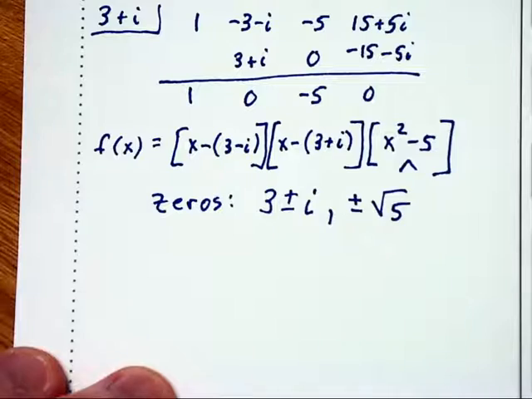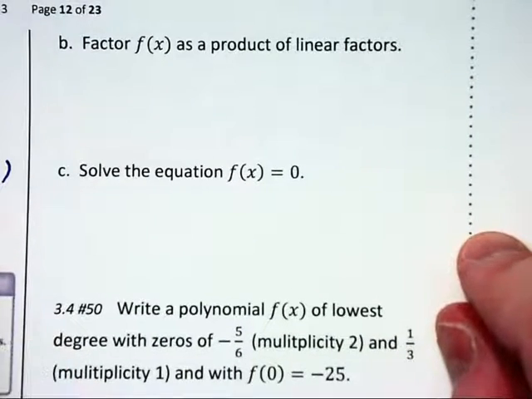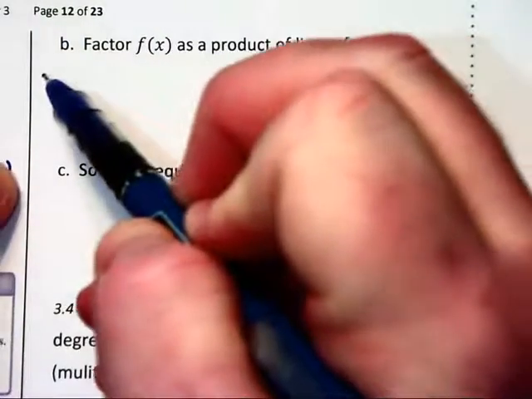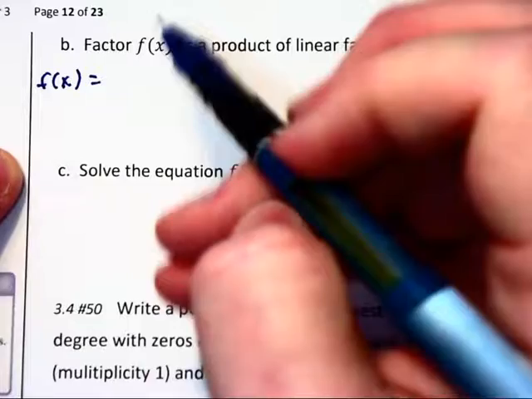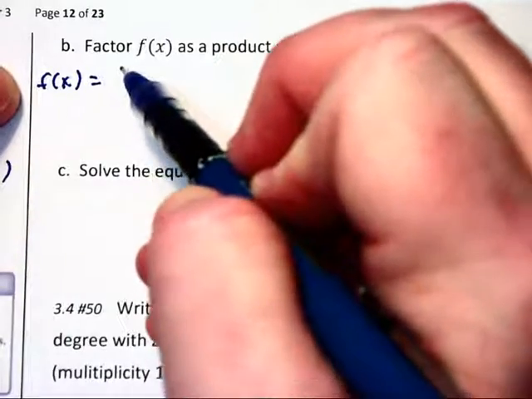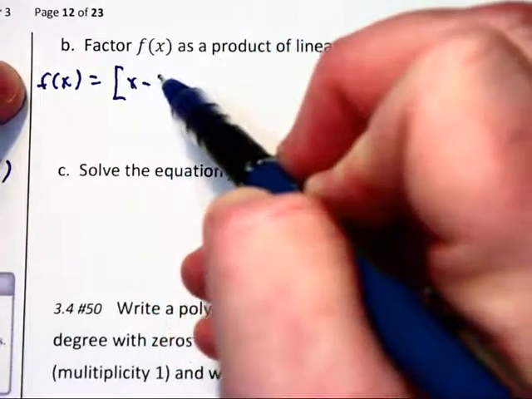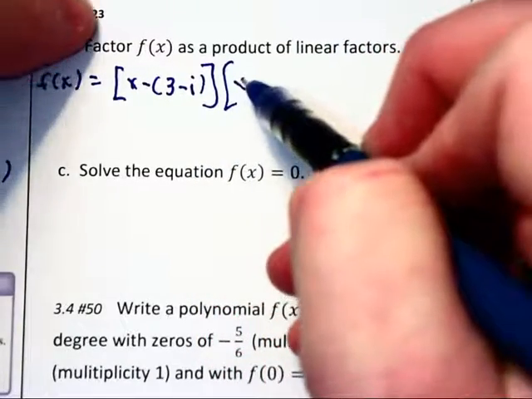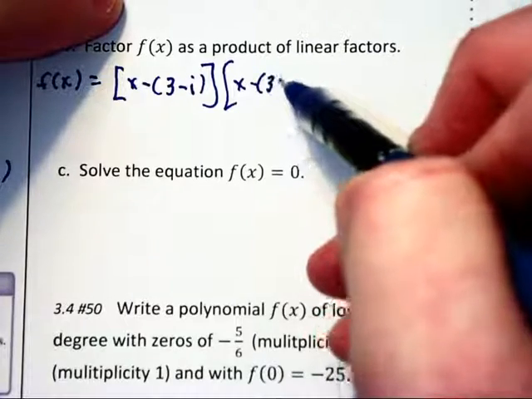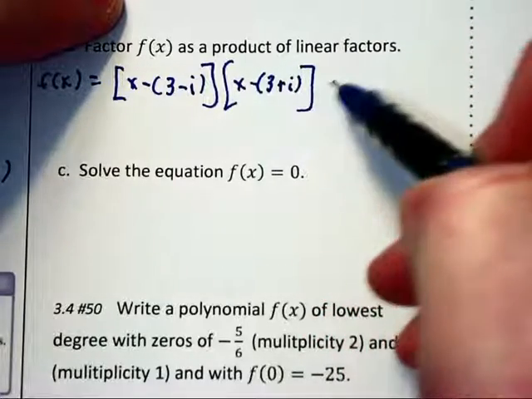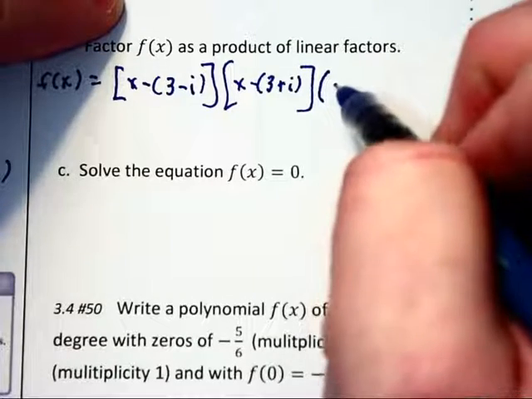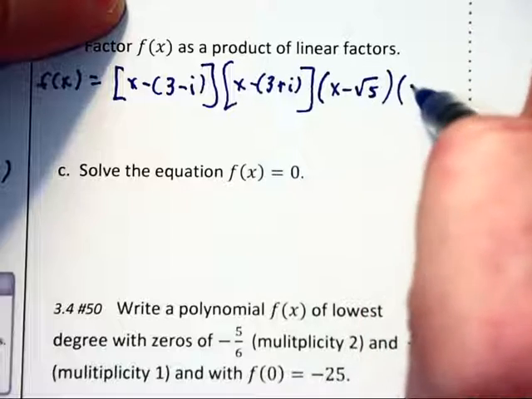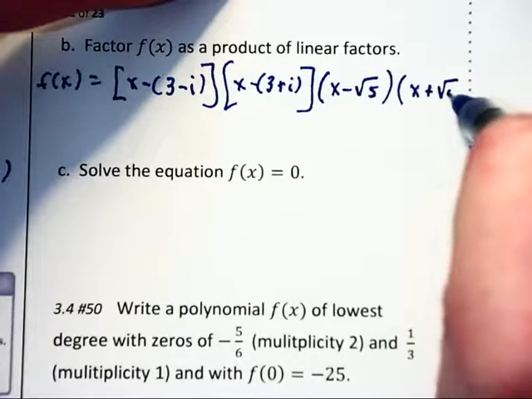Continuing on though, we're being asked to write this as a product of linear factors, which means we're going to have f of x equals, bracket x minus the 3 minus i times next bracket x minus the 3 plus i times next, and I'll change it to a parentheses, x minus root 5 times x plus root 5.